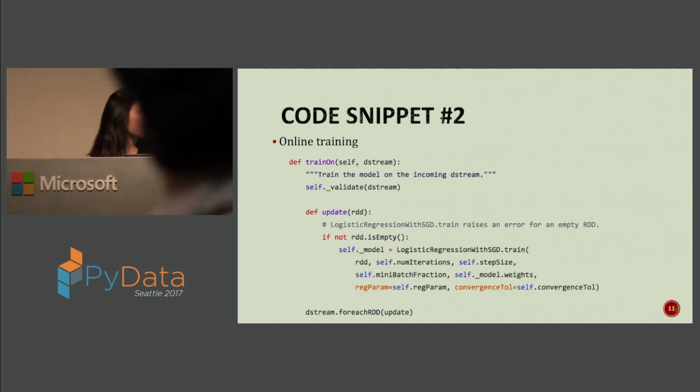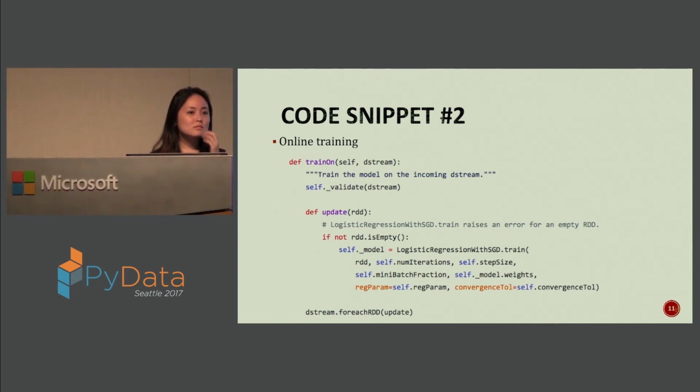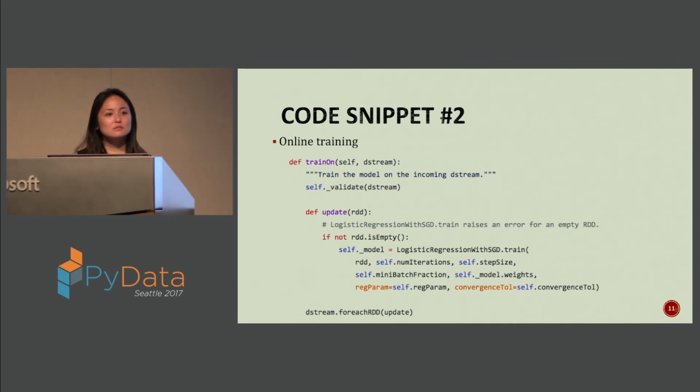Out of curiosity, in addition to logistic regression, what other algorithms are currently supported? And my second question is, I see you're using Spark streaming. If I'm just using simple scikit-learn, does that framework support any online training at all?